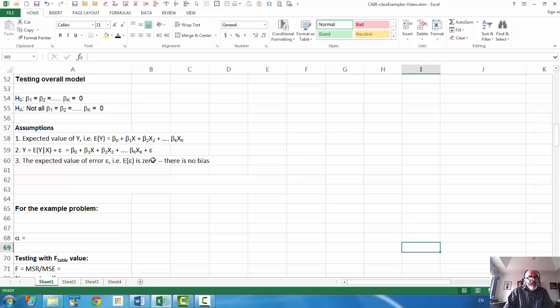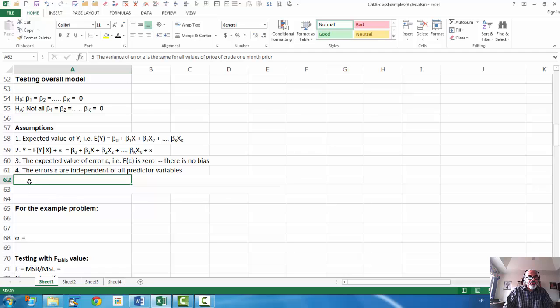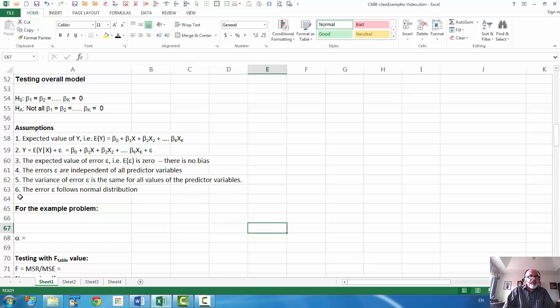The expected value of the random error is 0, that is, there is no bias. The fourth assumption is the error values are independent. The fifth assumption is the variance of the error term is the same for all values of the predictor variables. Finally, the error term E follows a normal distribution.